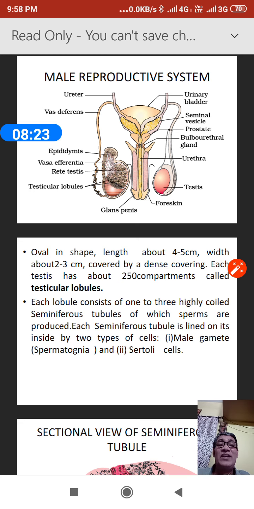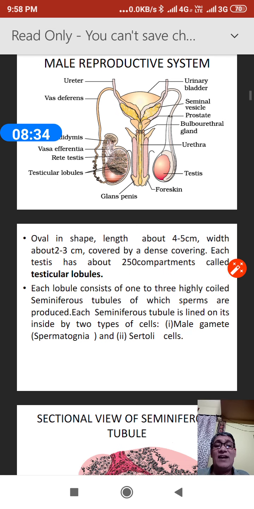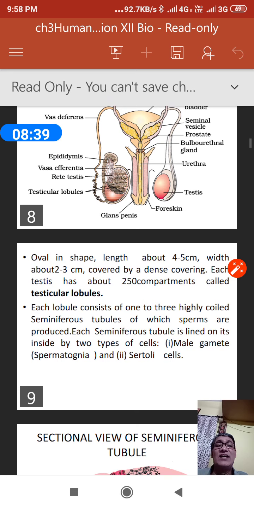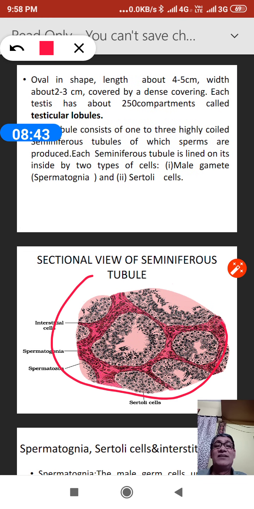Each lobule is composed of 1 to 3 highly packed seminiferous tubules. If you take a section of a testicular lobule, you can see 2 to 3 packed seminiferous tubules.